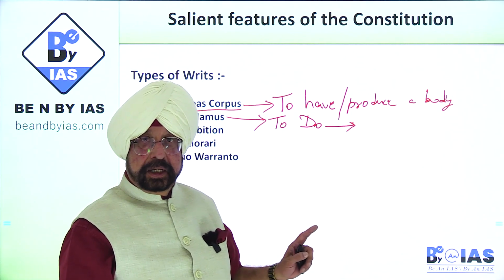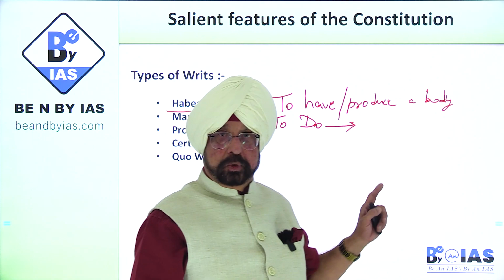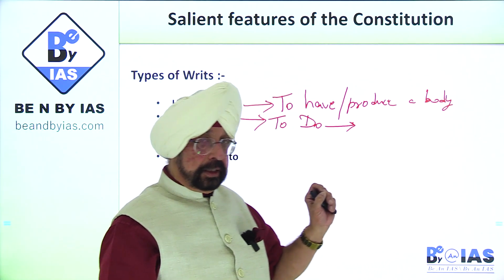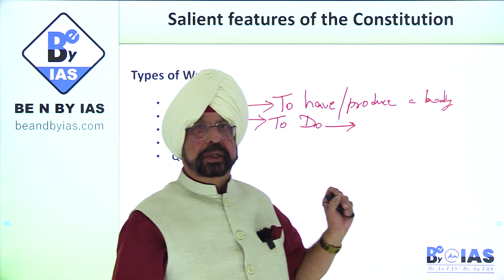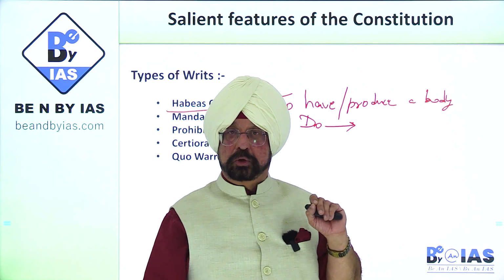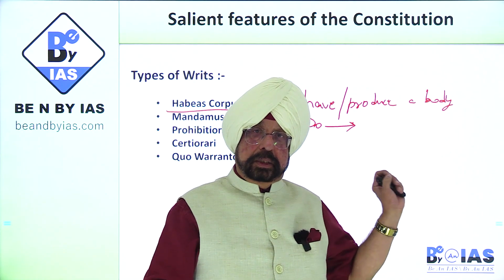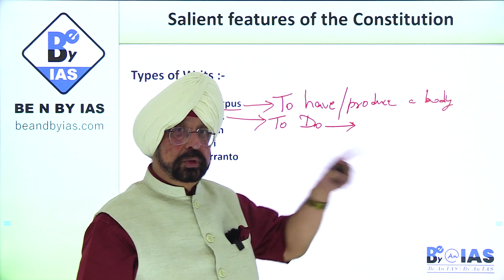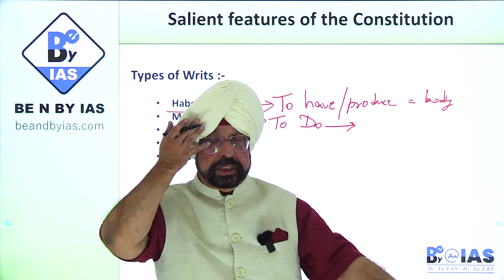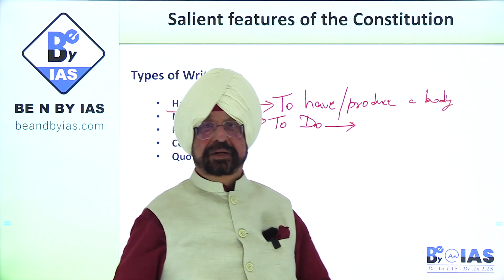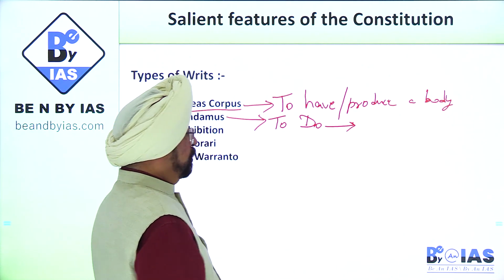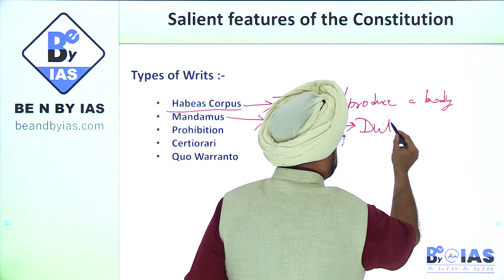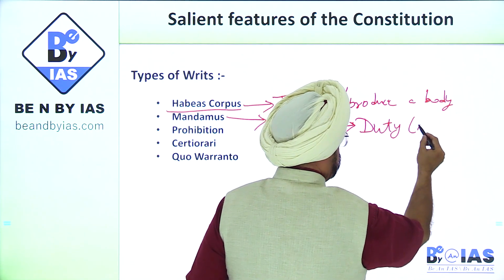In that case, the highest court, the Supreme Court under Article 32 and the High Courts under Article 226 of the Constitution, will direct that authority to do that duty with which they are entrusted. So this is a direction to the executive.